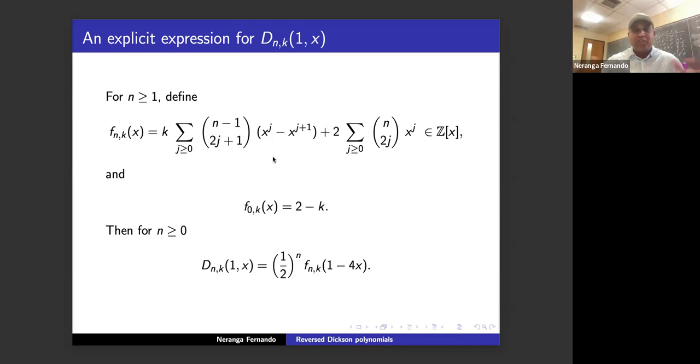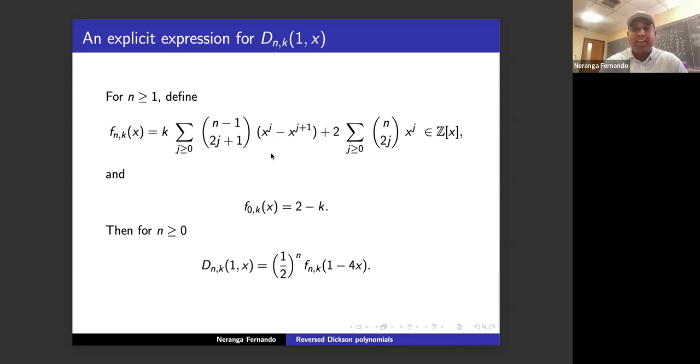When I tried to generalize everything, I observed that this polynomial f is not a self-reciprocal polynomial for every k. Sometimes it is, sometimes it's not. Then, out of curiosity, I wanted to see when it is a self-reciprocal polynomial. And then I decided to settle the problem, and I was lucky.